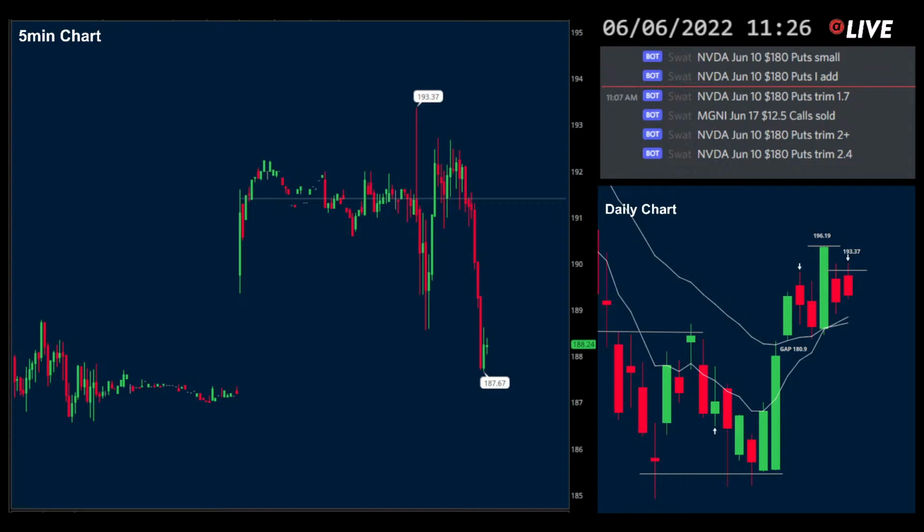I'm trying to be patient, but this market is really slow and tough. NVIDIA needs below 187, guys.